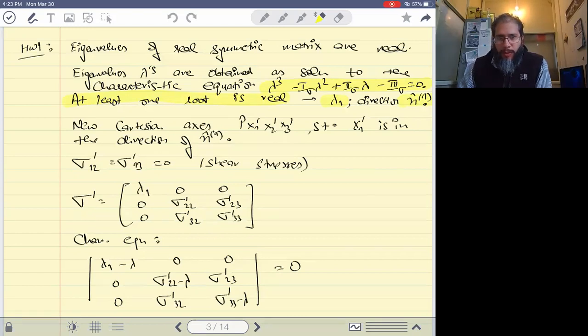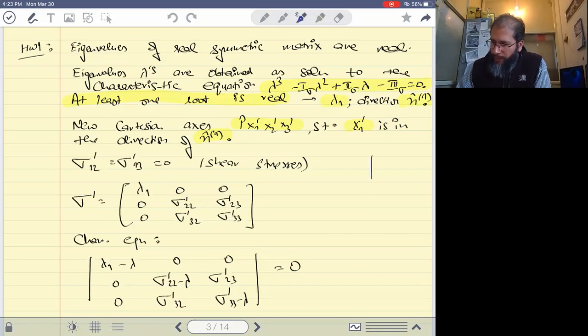Now the trick here is that we find a new Cartesian axis, x1 prime, x2 prime, x3 prime, such that x1 prime, the rotated x1 direction, is in the direction of the eigenvector 1. Remember that the rotation is arbitrary, so we can choose our own new axis.